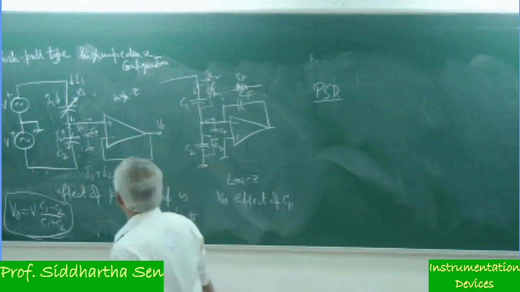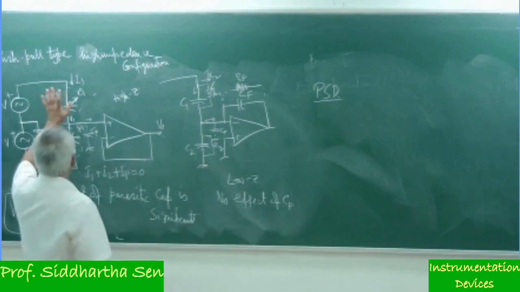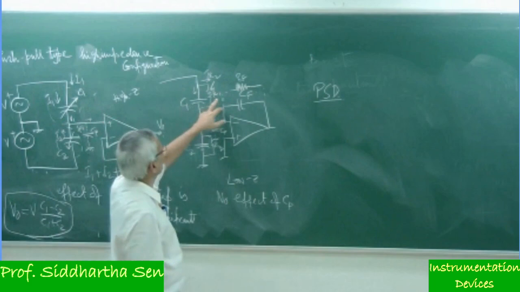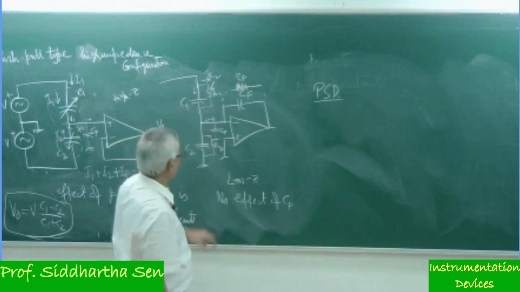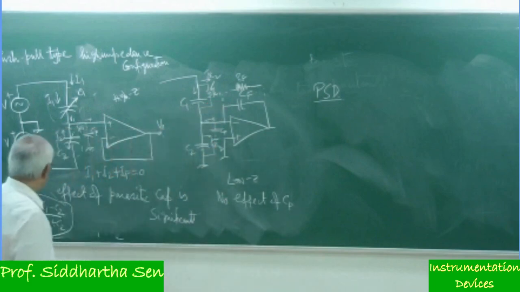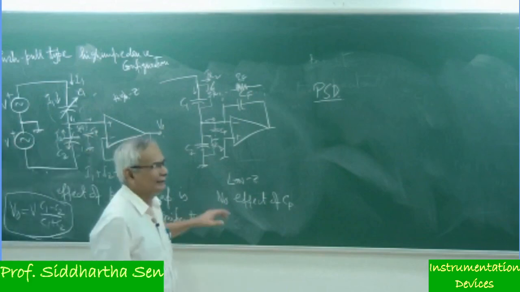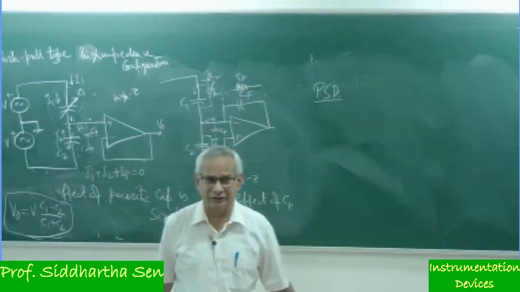As we always employ superposition, if we don't consider C1 and C2 and only consider the current through the leakage resistances, then V0 and V will not be in phase, rather they will be in quadrature.